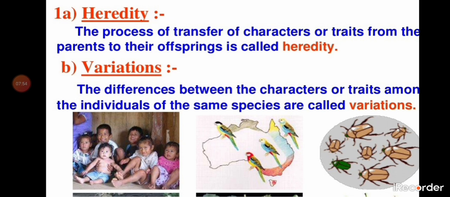So how can we define variation technically? Now look at the slide: the differences between the characters or traits among the individuals of the same species are called variations. Here you want to remember, variation means slight change only. Their body structure won't change, only some changes we are able to see. Clear, children? Now the two technical terms are clear, no?